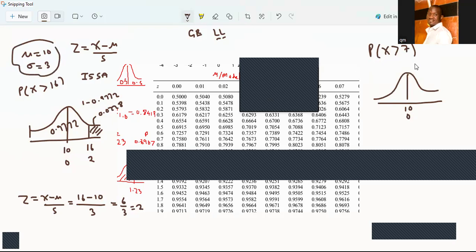Okay. Then you illustrate. Where is the 7? Is it on the right or on the left side? Where, based on the 10, are we going to put the 7?